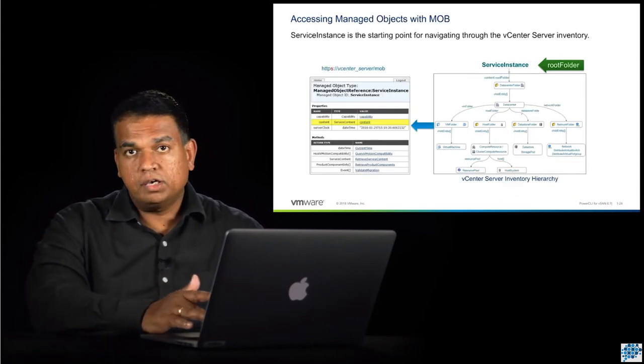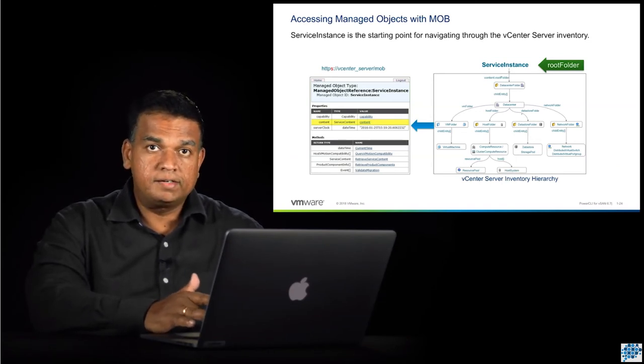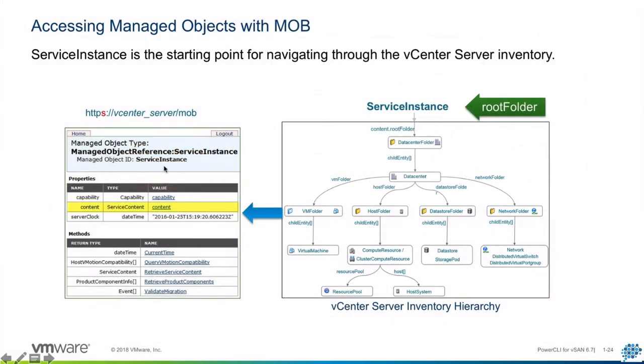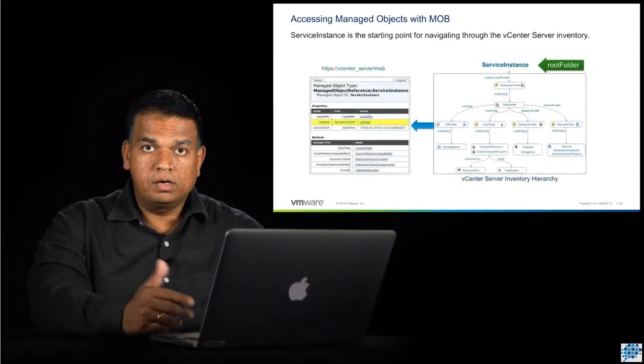Here I'm just showing an example of accessing a vCenter inventory with the Managed Object Browser. As you can see, the starting point, or the place where it takes you when you first launch the MOB, is the service instance page. Under that you will have an option called the contents. Once you click on the contents, you get to see the other parts of the inventory.